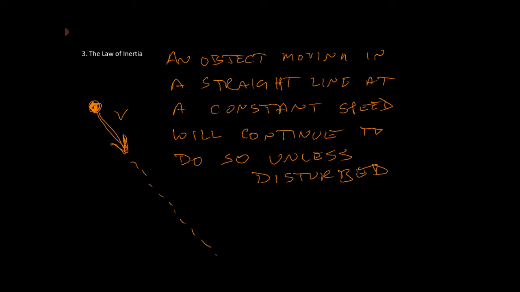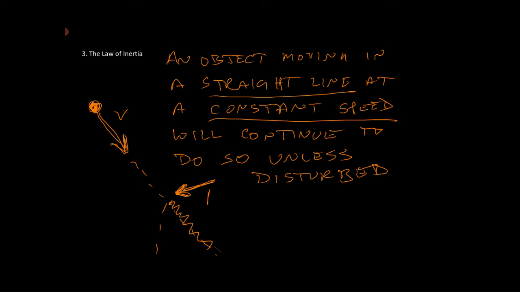So if we have a straight line like this, straight line, constant speed, that just means that the object has no net force on it. If we see that rather than this, there's a point and it starts moving like this, that means right here there was a force, or actually a net force, that didn't balance out. So all of a sudden, the thing moves in a different direction.